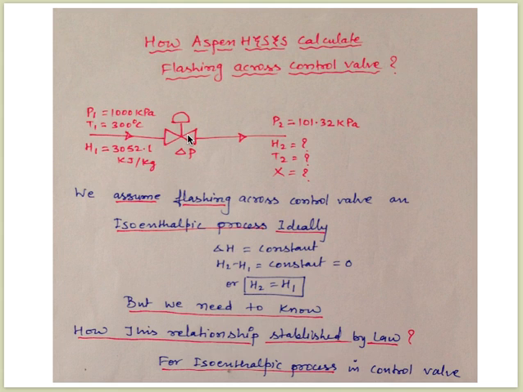So ideally we don't consider the efficiency of the nozzle, and we consider that this process is isenthalpic, meaning enthalpy at inlet equals enthalpy at outlet. But in reality the enthalpy is not constant, and the value you are getting from the HYSYS simulation is not isenthalpic.